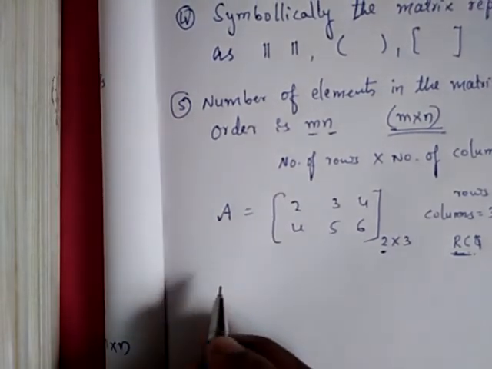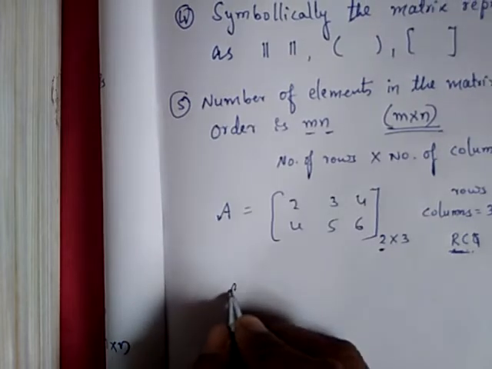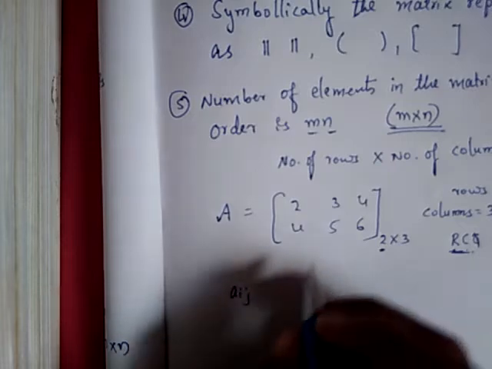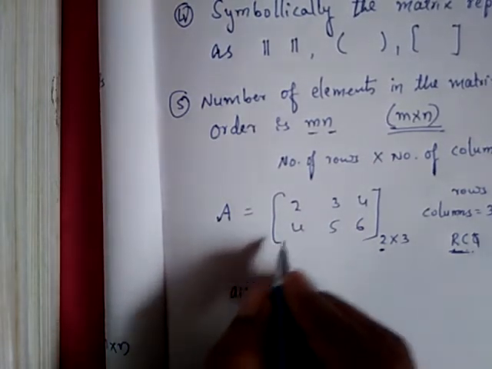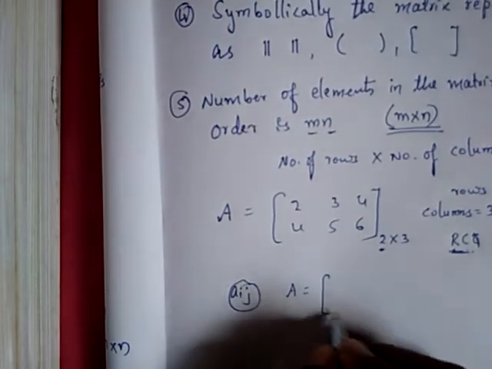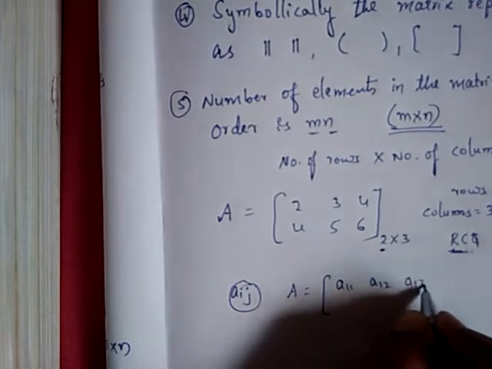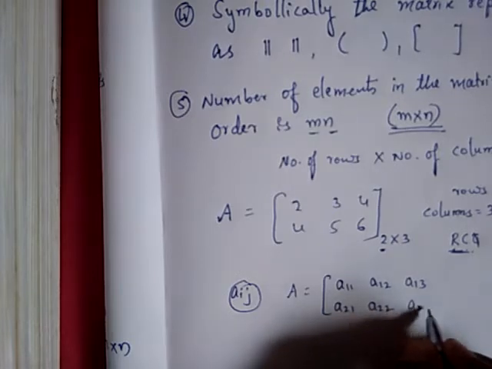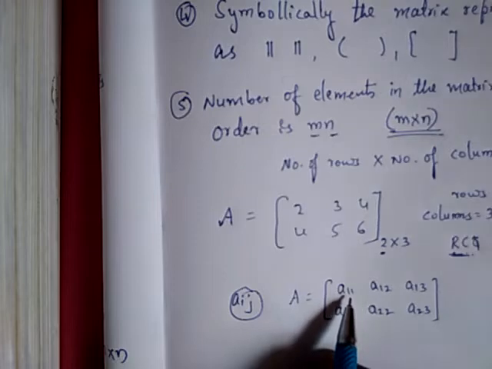Okay, now you can say, my dear students, here if I write small aij, this is the element which we are writing inside. So suppose I give this matrix in general form as A is equal to A11, A12, A13, A21, A22, A23. So A11 means what?